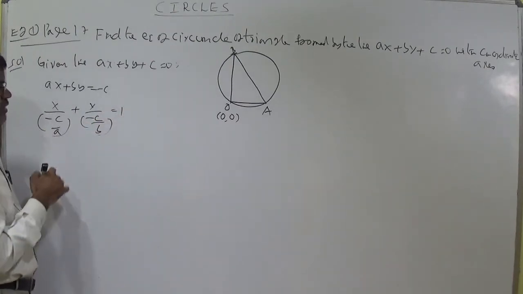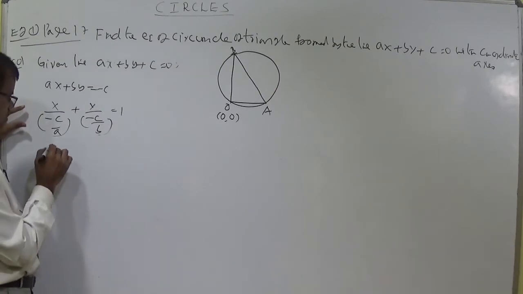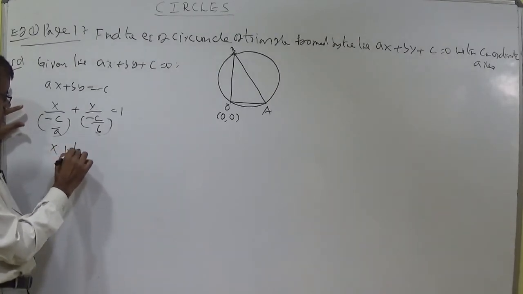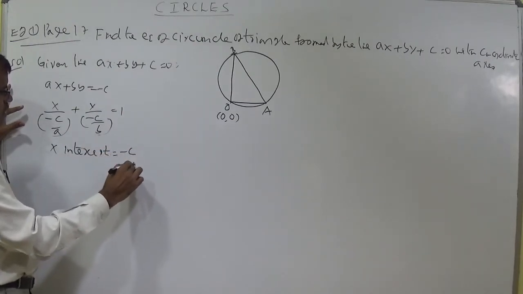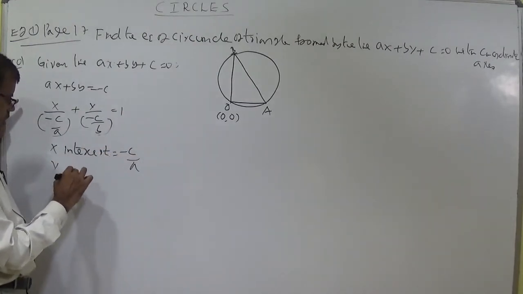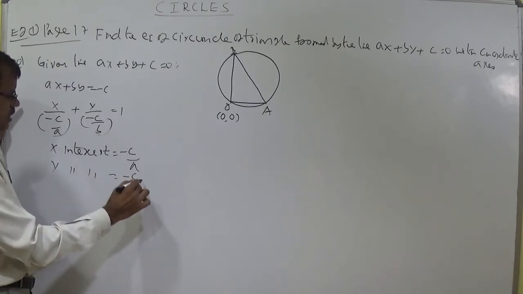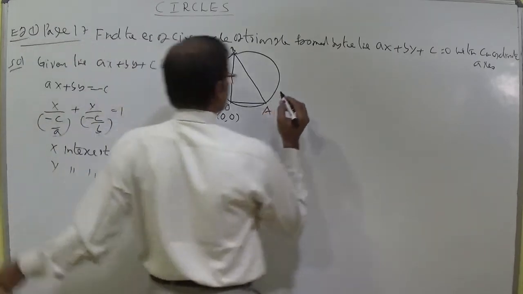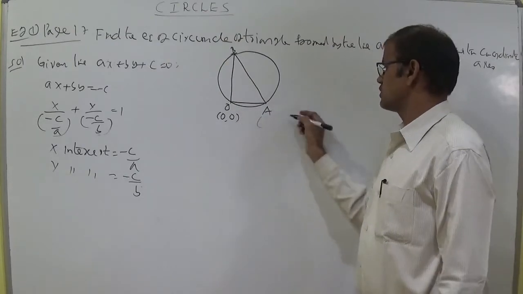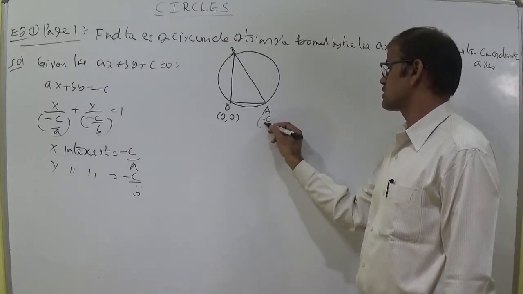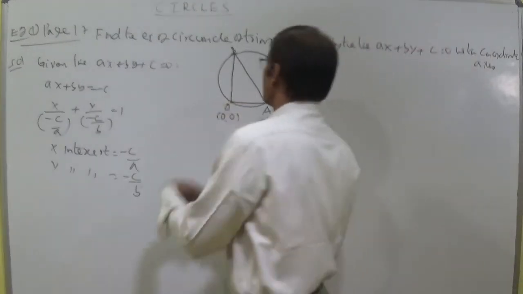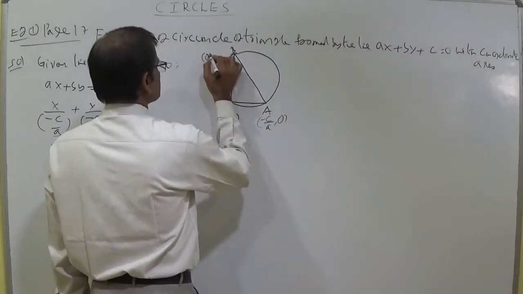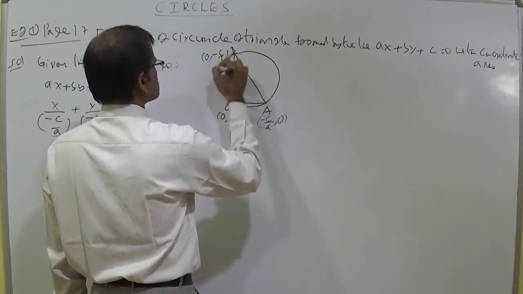So the x intercept is -c/a and the y intercept is -c/b. OA represents the x axis, so A is (-c/a, 0), and B represents the y axis, so B is (0, -c/b).